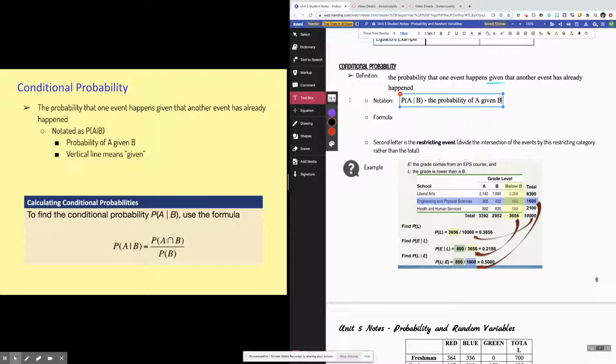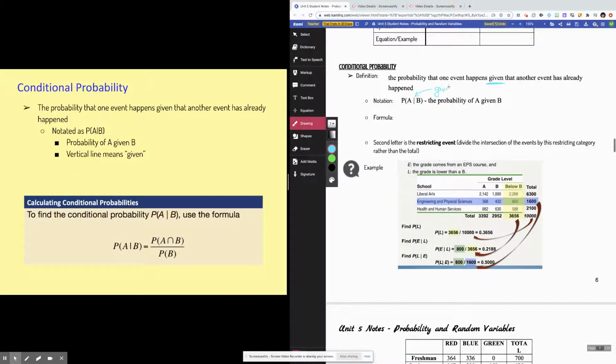So this vertical line literally translates to the word given. Just like when we talked about this upside down U literally means the word and, and this regular looking U literally translates to the word or.